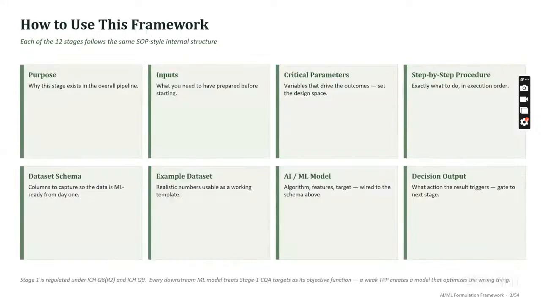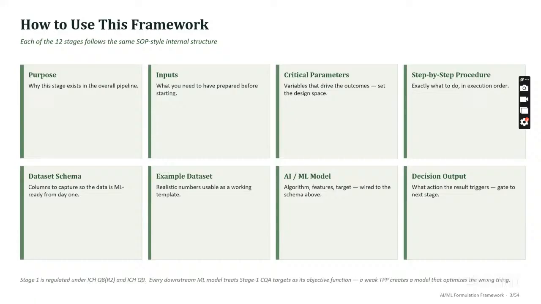To use this framework, every stage shares the same internal structure: purpose, inputs, critical parameters, procedures, and data schema. The data schema is the procedure: data collection, pre-processing, EDA, and model building, then output. For example, data, the ML model, and the decision output.